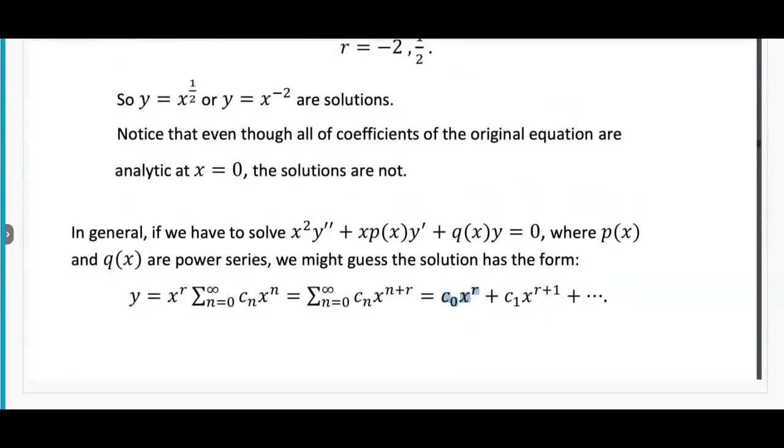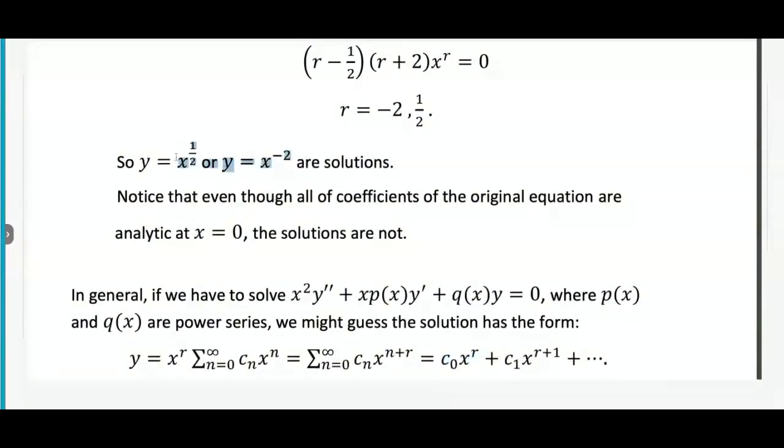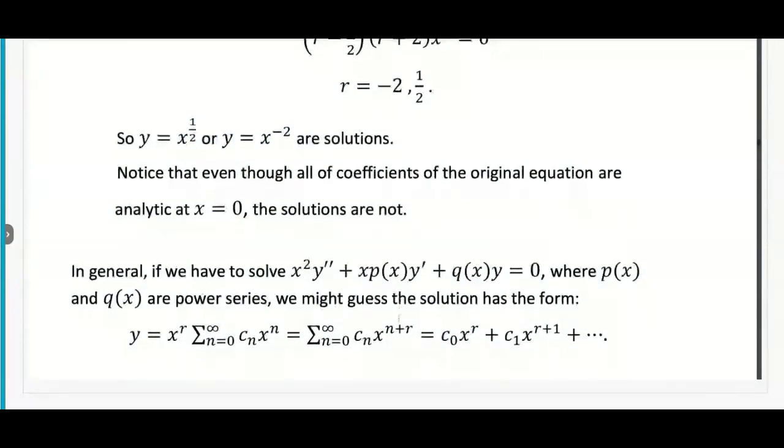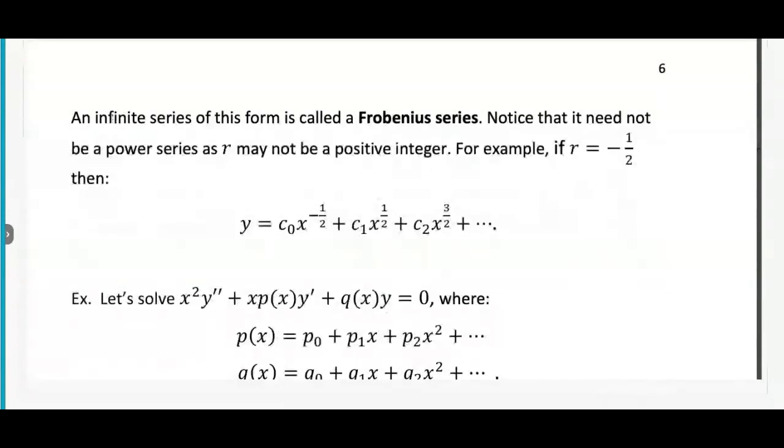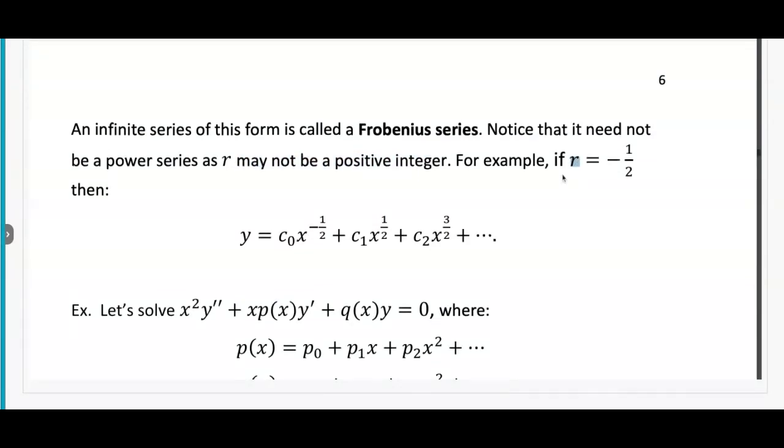Okay, because we want to deal with situations like this. The infinite series of this form is called a Frobenius series. It may not be a power series, as r may not be a positive integer. For example, r equals negative half.